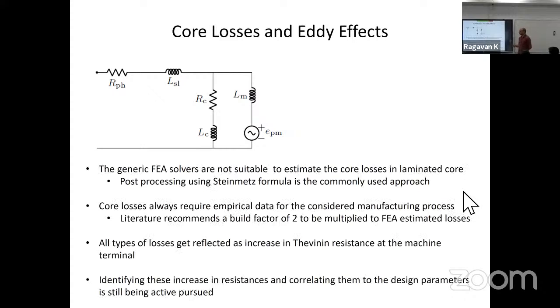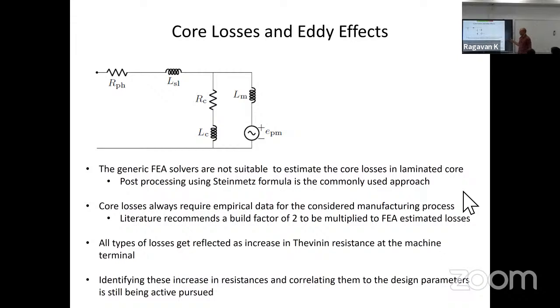Most FEA solvers are not suitable for estimating core losses in a laminated core because the laminations cannot be modeled. The meshing becomes extensively high, and we cannot solve it without supercomputers.